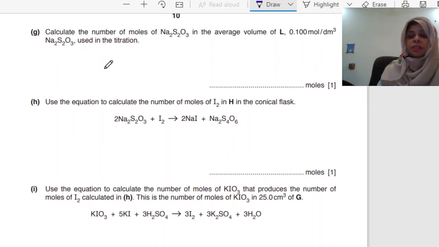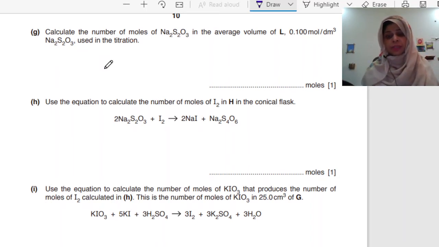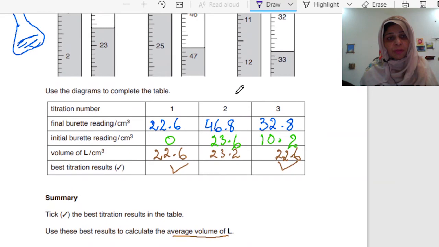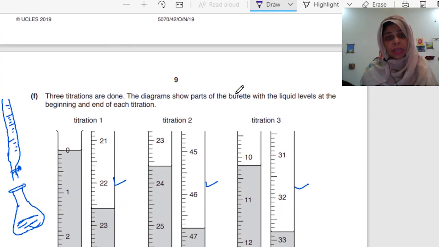In the previous part, we calculated the average volume of L. What is L? L is the sodium thiosulfate.